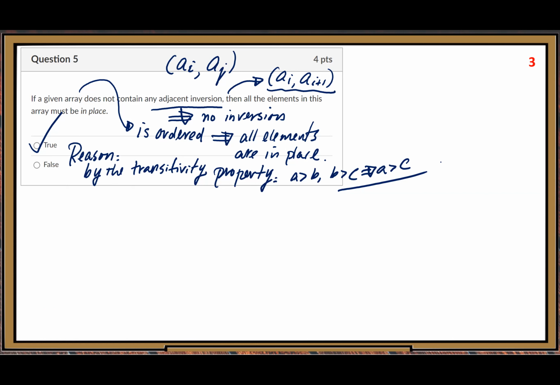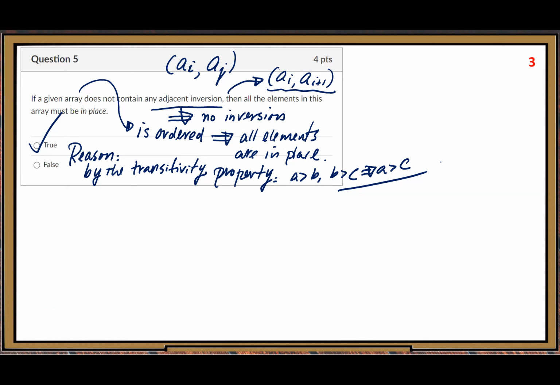So the in-order property between two adjacent elements can be transitive to the whole array.